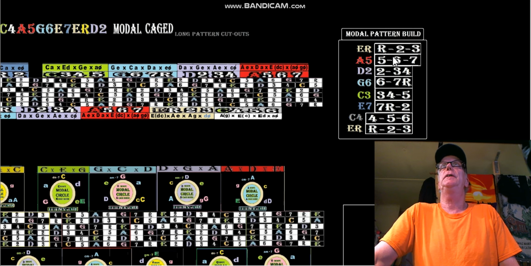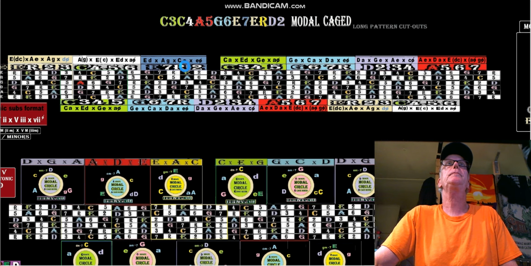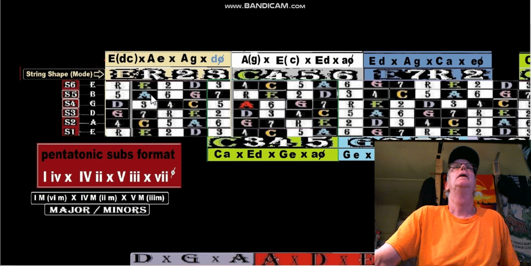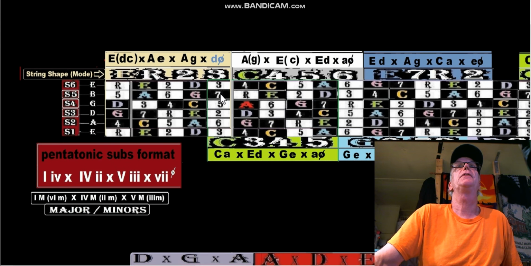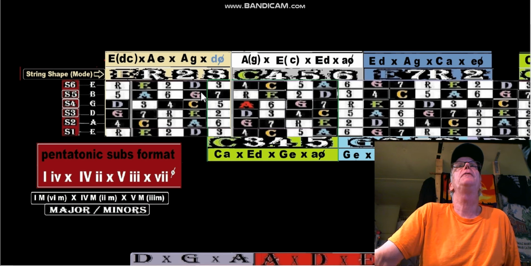So let's say we're looking at root 2, 3 on the top, 5, 6, 7, and 2, 3, 4 on the bottom. Well, here's root 2, 3 on the top, so we can't go wrong there. Okay, 5, 6, 7. Okay, so root 2, 3 and 5, 6, 7 have been warped over, but 3, 4, 5 isn't.